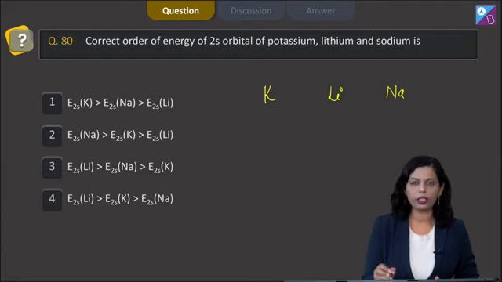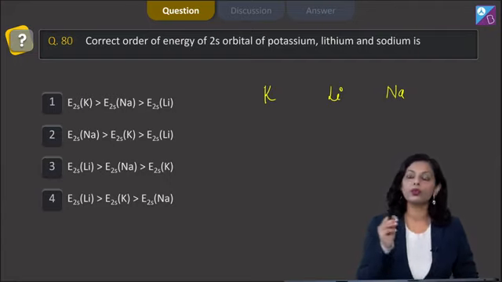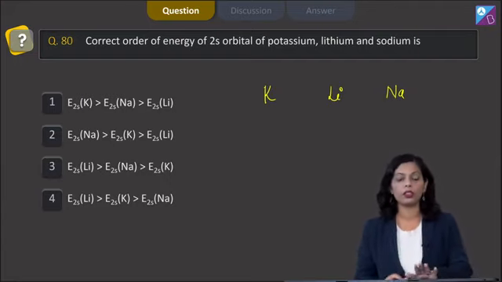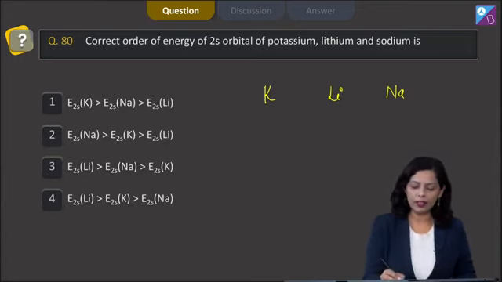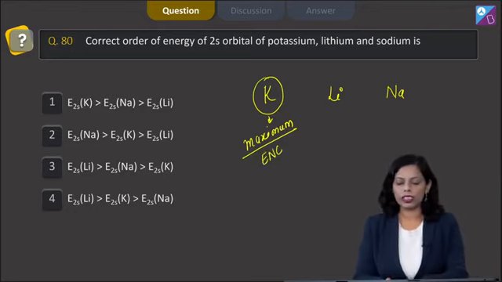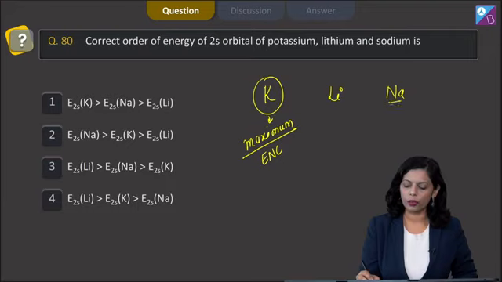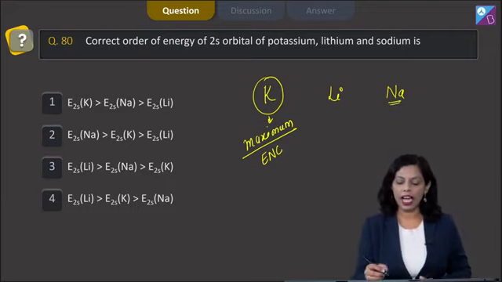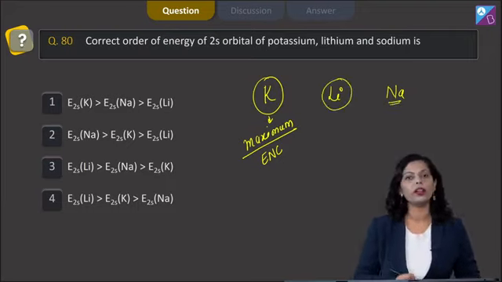So we are talking about 3 different elements, and when it comes to the effective nuclear charge on the 2s orbital, this effective nuclear charge is maximum for potassium. I'm writing here effective nuclear charge. Same way, if we look at sodium, it comes at the 2nd place and it is least for lithium.